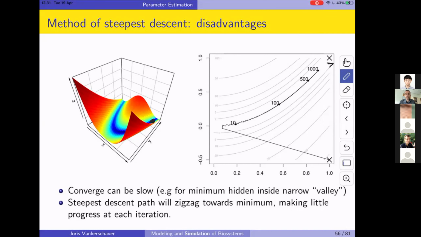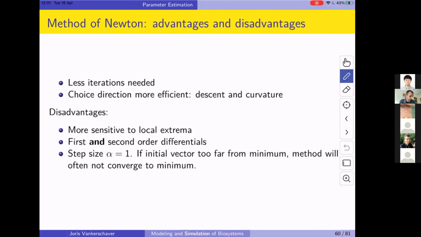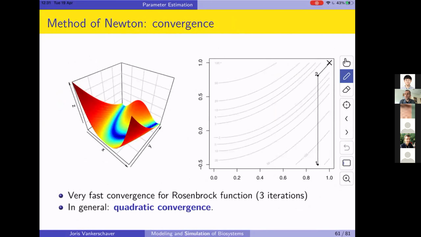So the method of steepest descent has its advantages, but also disadvantages. And as a result, people came up with other methods that we'll talk about next time. And the method of Newton is going to be one example in particular. And just to skip ahead one more time, if we look at the same function that the steepest descent did so poorly on, the method of Newton is going to get so close to the objective that you can't even distinguish it in just 3 tries.